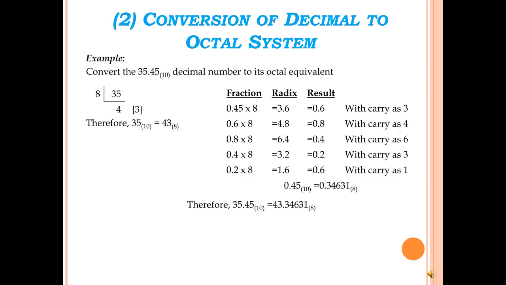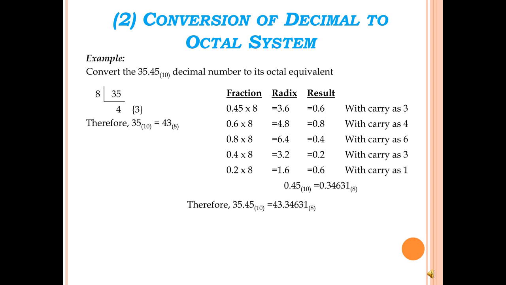After that, 0.2 multiplied by 8 gives 1.6. The remainder is 0.6, with a carry of 1, which is mentioned before the dot.